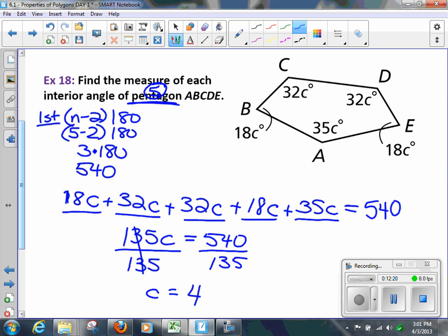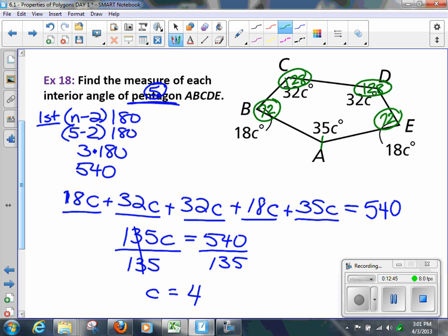Dang it. So what's 4 times 18? Y'all got the calculators. So that means that B is 72 and E is 72. What's 32 times 4? So that means D is 128, C is 128. What's 35 times 4? 140?